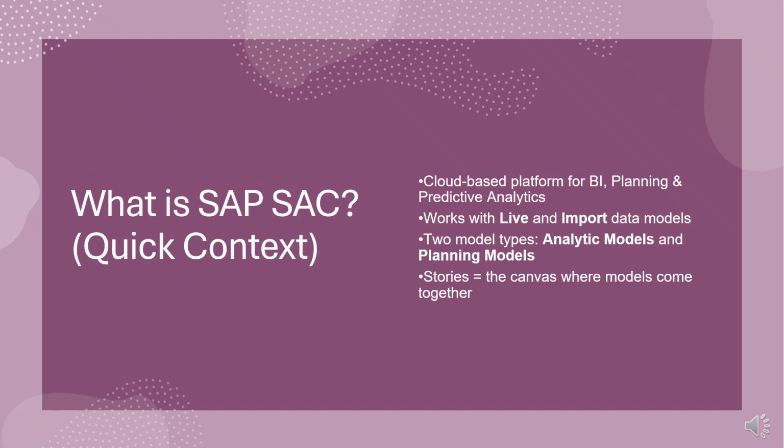I know you must be aware of what SAP SAC is, but just setting up a quick context here, SAP Analytics Cloud is a unified cloud platform from SAP that combines business intelligence, planning, and predictive analytics.